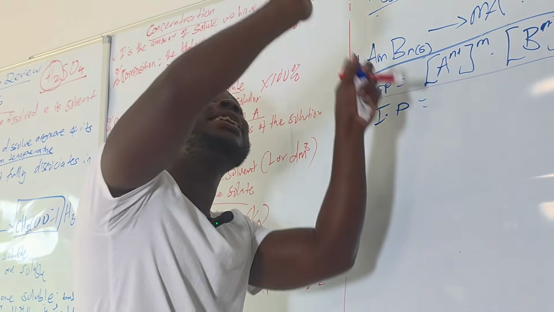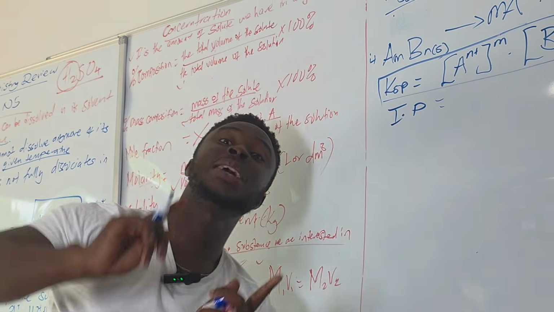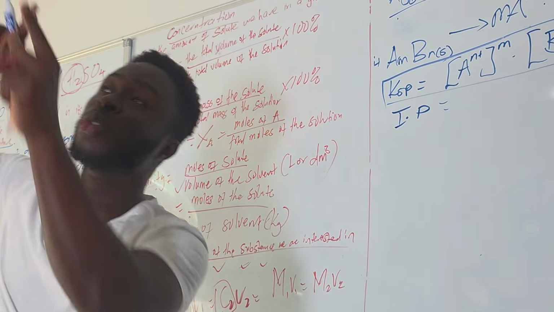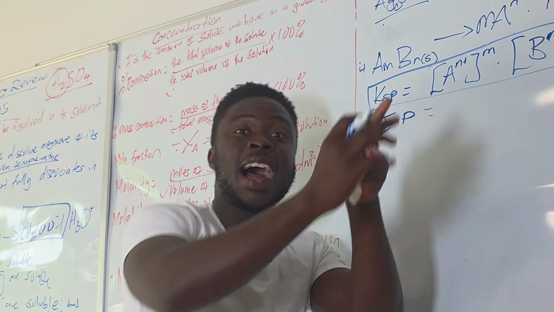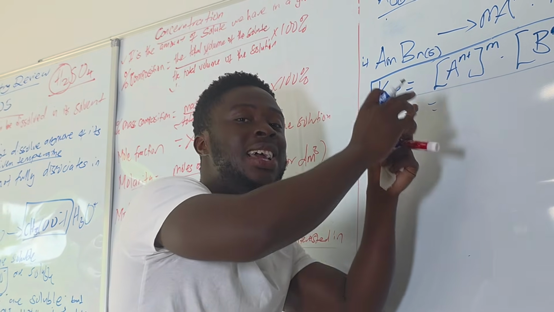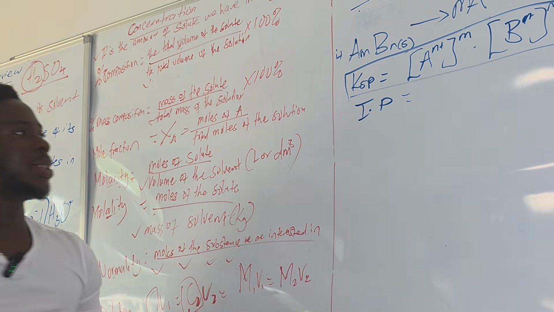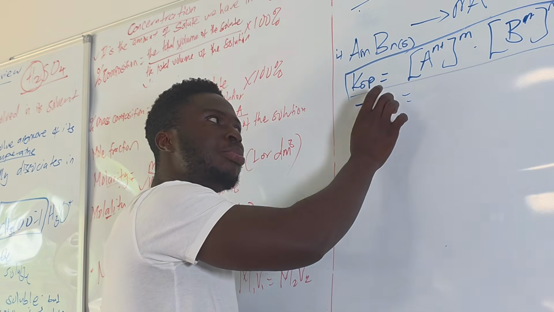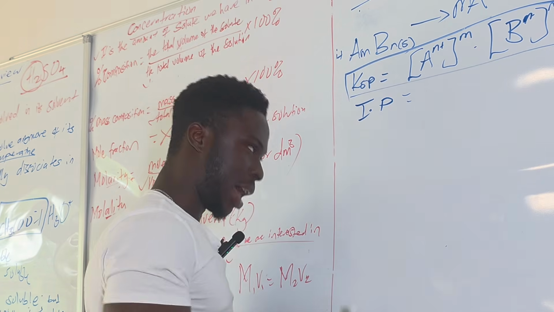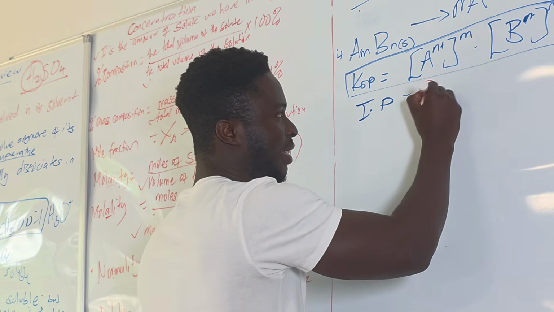Once again, back then, we said the equilibrium quotient has the same formula as the equilibrium constant. The same thing over here: the ion product has the same formula as the Ksp. The formula is basically the same.